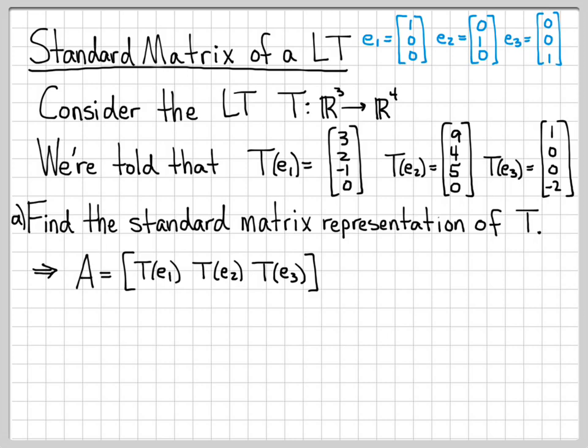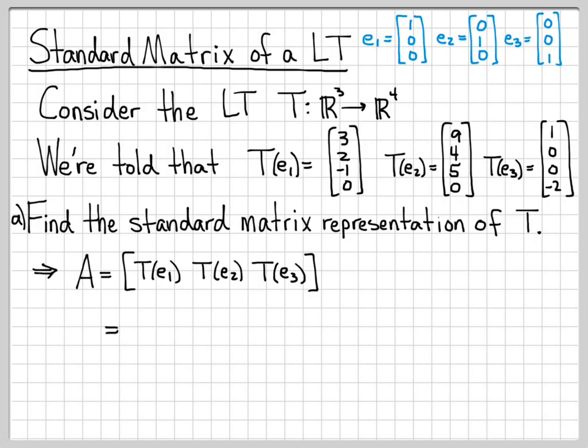For this particular example, though, if we apply the definition of the standard matrix representation, we only have to do 3 columns because this is a linear transformation that takes things of length 3 and outputs things of length 4. So we're only going to have 3 columns here. These individual linearly transformed vectors were actually provided in the problem statement. So constructing A is almost trivial.